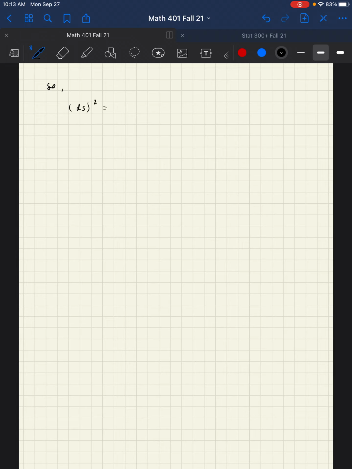And so really this is saying two really cool things. One, the differentials are related by ds squared equals dx squared plus dy squared.